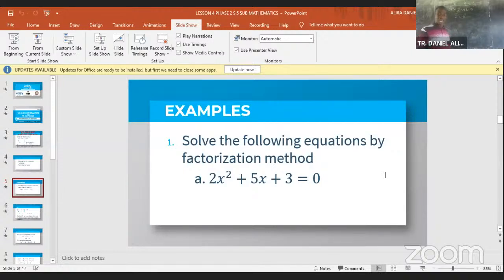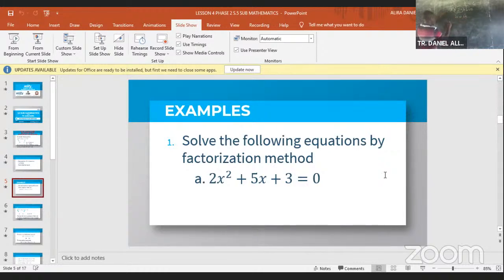So after doing that, you multiply these two numbers by x. This is 2x, this is 3x. You remove the whole of this one and you replace it with 2x and 3x.